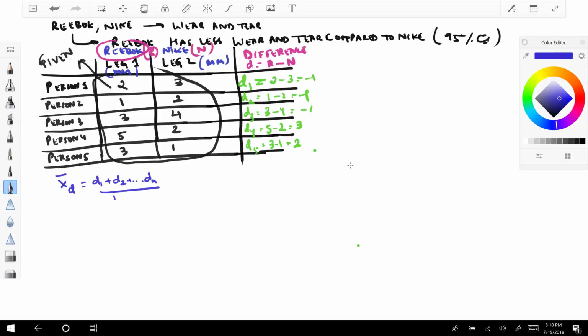So here we have 5: d1 is negative 1, d2 is negative 1, d3 is also negative 1, plus 3 plus 2, divided by n is 5. So this is going to give us 2 divided by 5, which is 0.4.